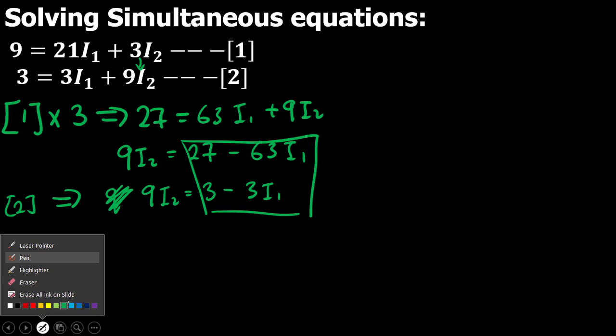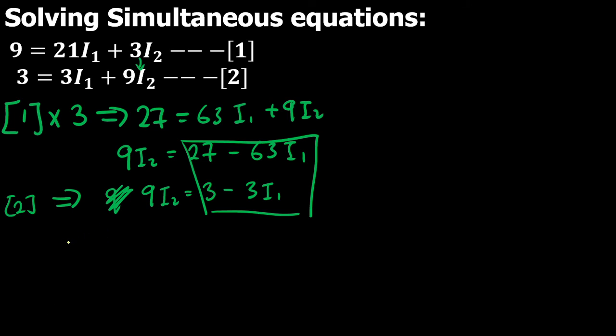So that means 27 minus 63I1 is equal to 3 minus 3I1. I'm going to rearrange so that all the terms with I1 are on the right and all the terms without I1 are on the left, all right?